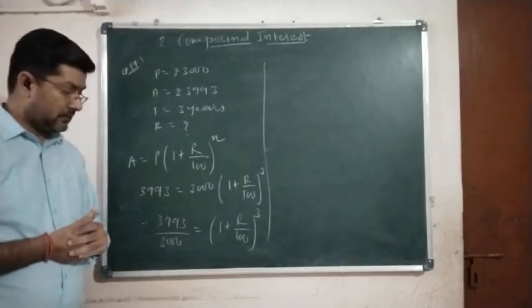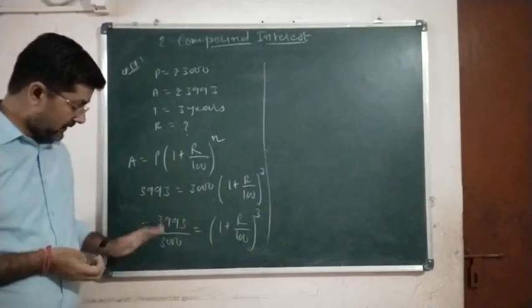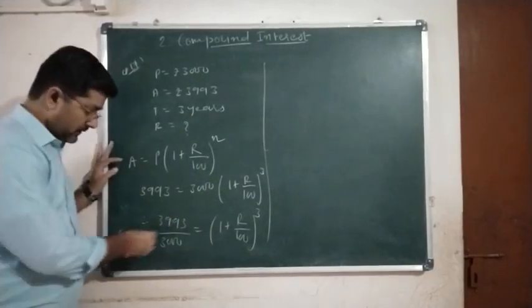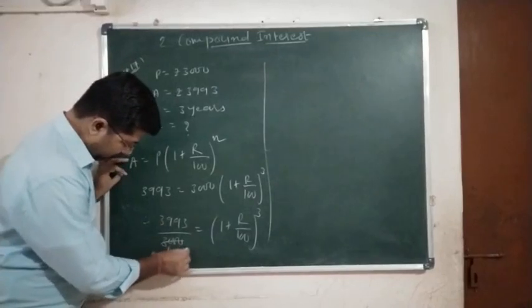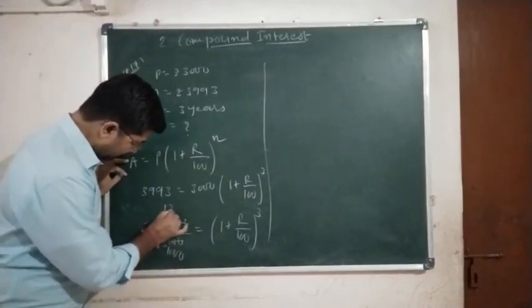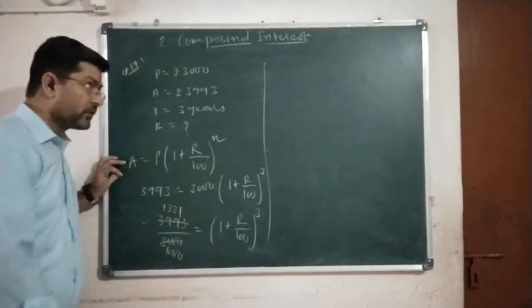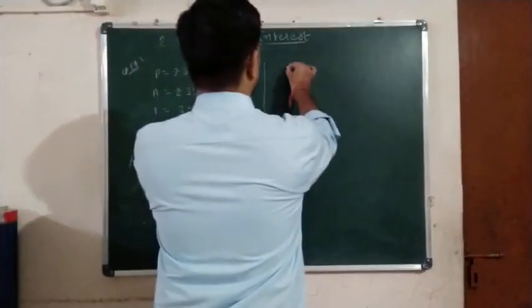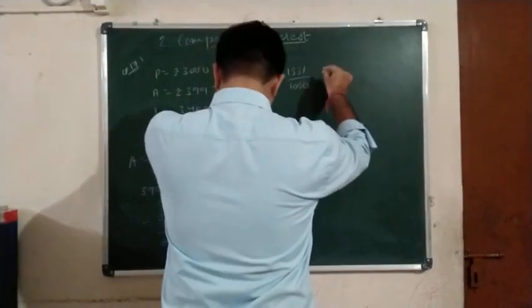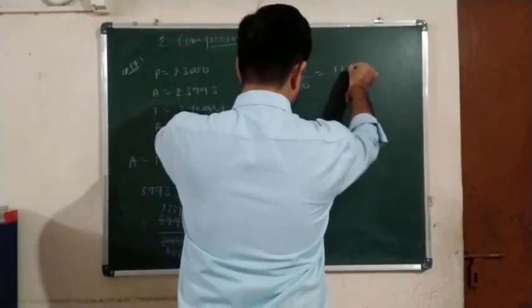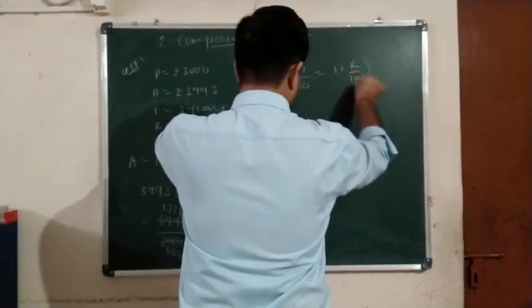Clear? So let us reduce. These two numbers can be reduced by 3. So 3 ones are 3, and 3 threes are 1000. Okay, so we got over here 1331 upon 1000 is equal to 1 plus r upon 100 raised to 3.